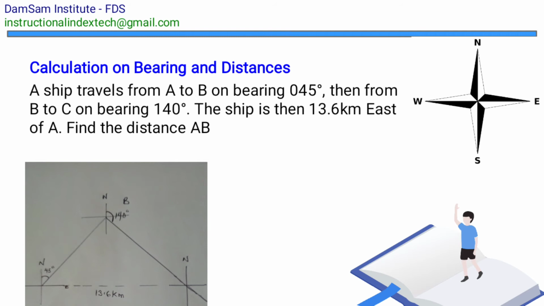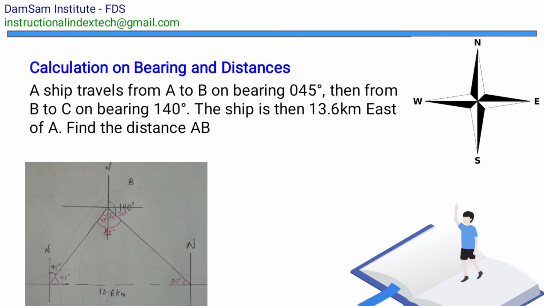So A is at the left side here, C is at the right side, and B is at the top of the diagram. So we have seen that the ship is 13.6 kilometers east of A, and that is what we have indicated.